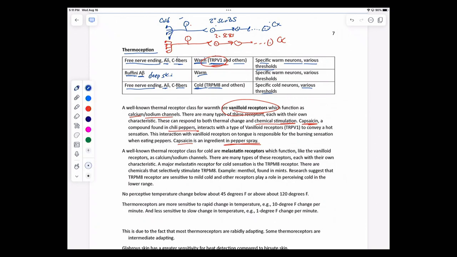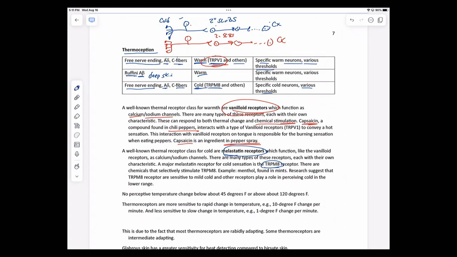We have a similar story going on with the cold receptors, and we're talking about the TRPM8s there, and again, these are not the only ones. But the TRPM8s fall under the class of melastatin receptors. So the melastatin receptors are kind of cousins to the vanilloid receptors, again having this umbrella of receptors, one of which is the TRPM8.